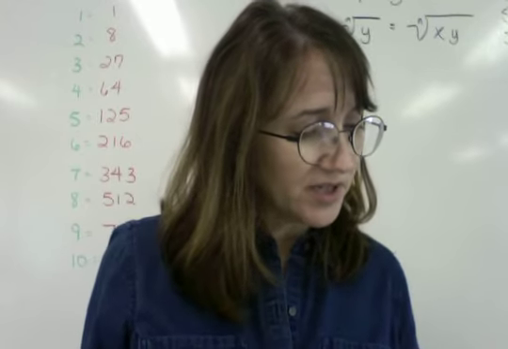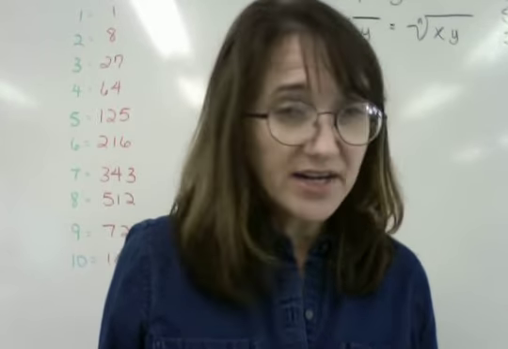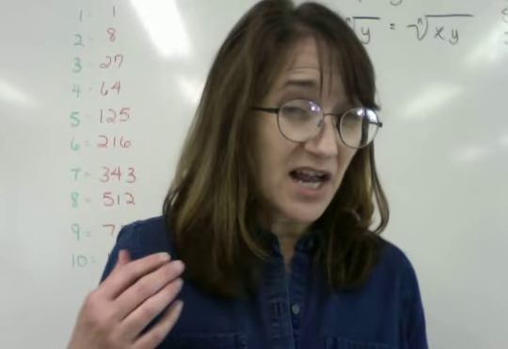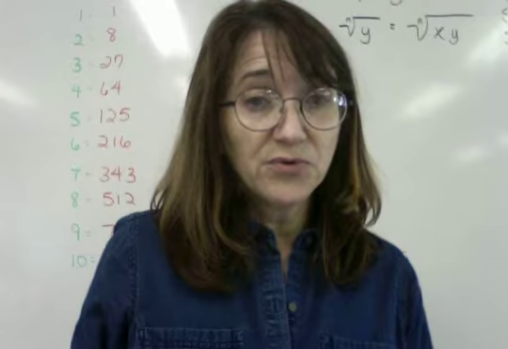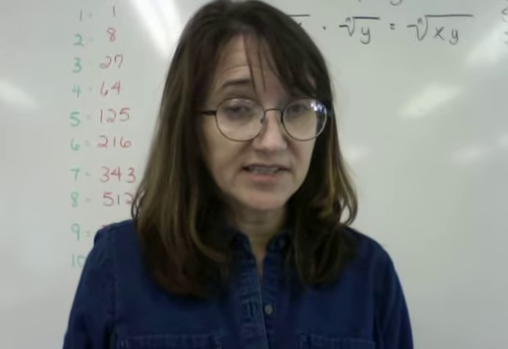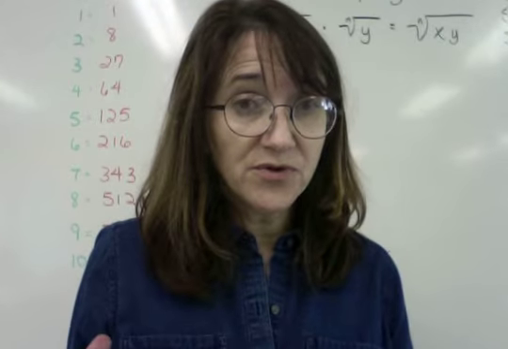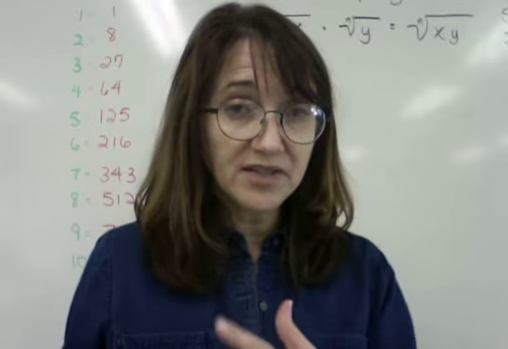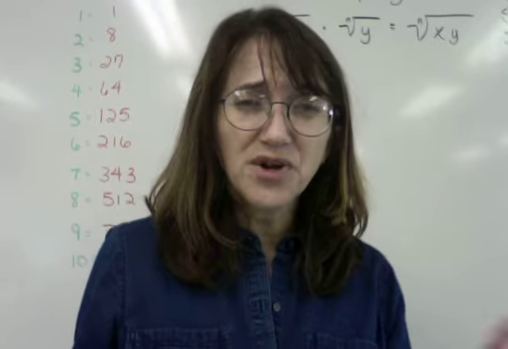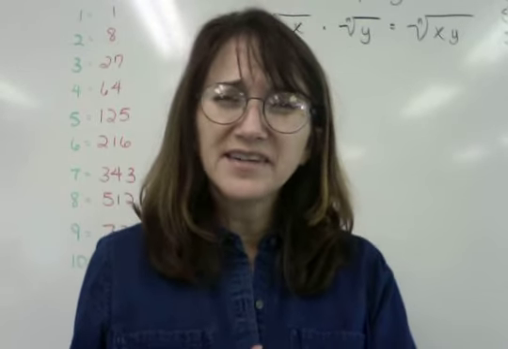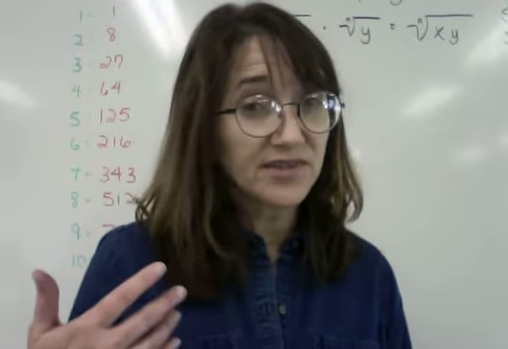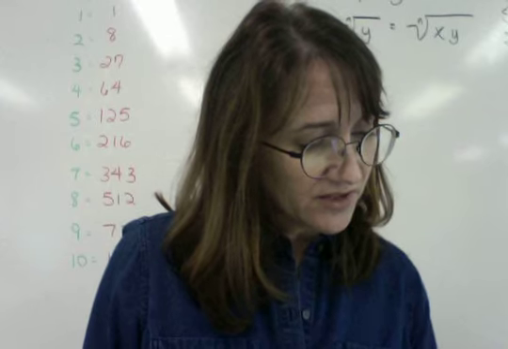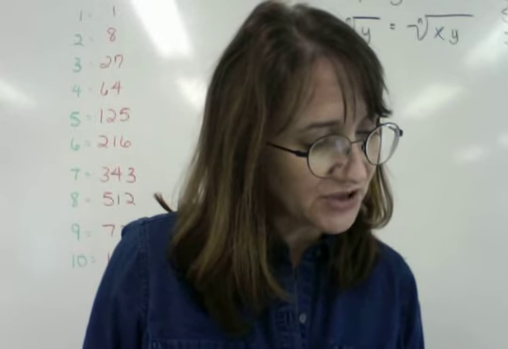Like on example 1, I ended up with 2 squared and a 3. I was originally starting with the radical of 2 times the radical of 6. After I put those both under a radical sign and broke them down into factors, I had 2 2's, or a 4, a perfect square, so I took out that 2. And so forth and so on. You can see what you're doing as you go through there.